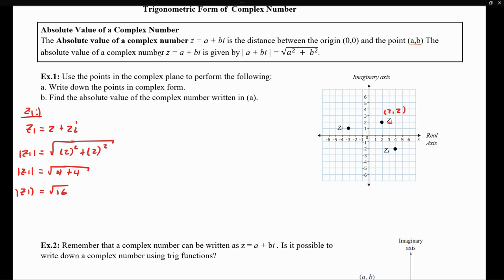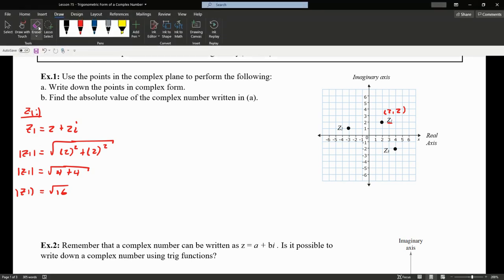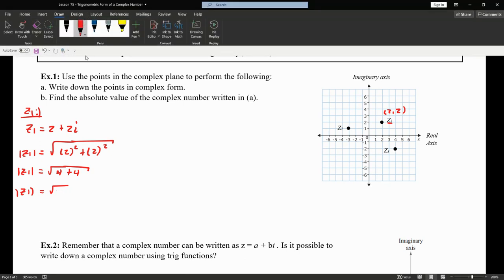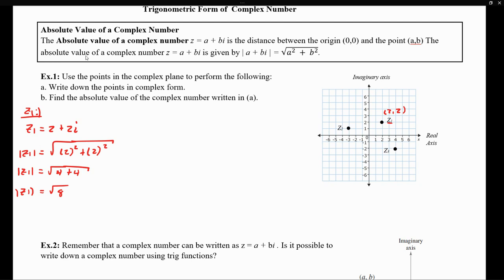I'm sorry, I was thinking multiplication, but obviously 4 plus 4 is not 16. 4 plus 4 is 8, so I just changed that. So that is the square root of 8, and this can be seen as just the absolute value of z1 being 2 square roots of 2.